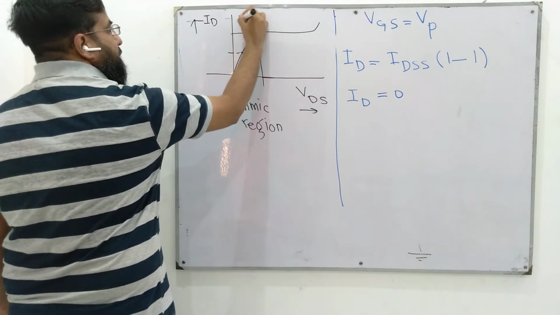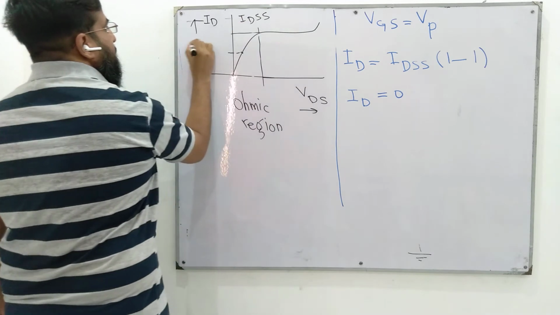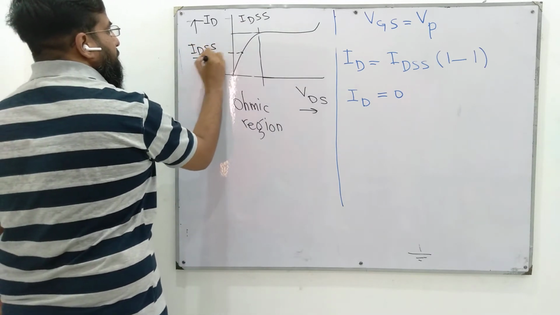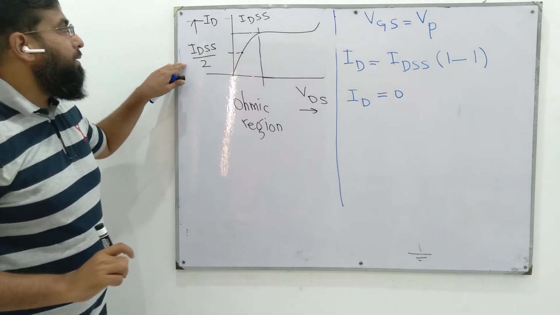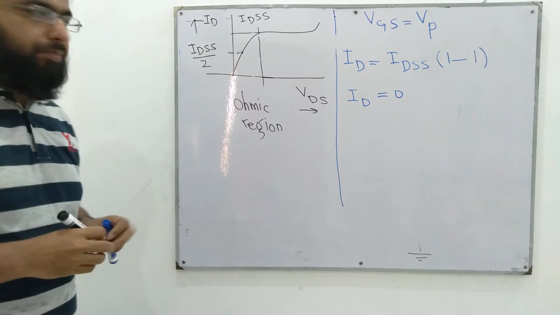This point gives us IDSS, and we are required to bias it for ID equal to IDSS over 2.